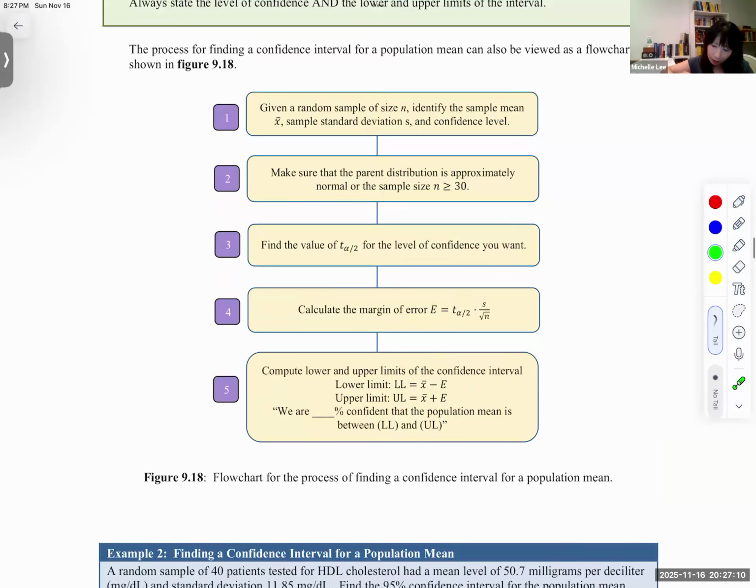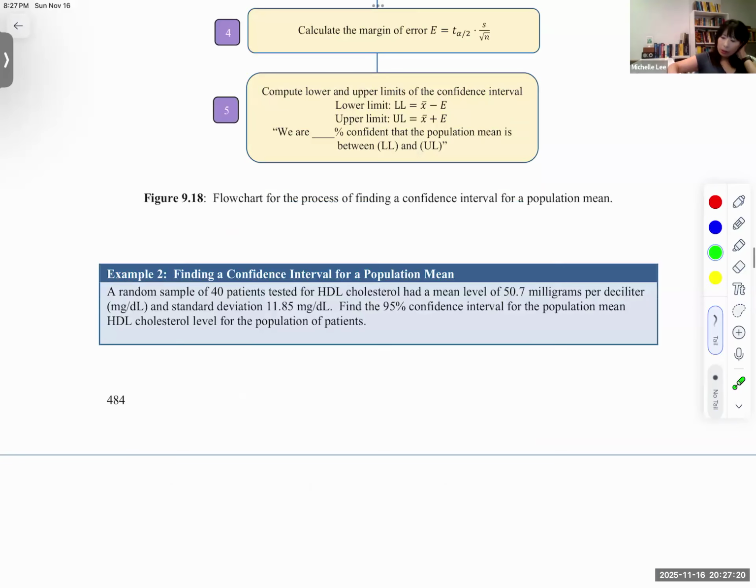Step one, we want to find the sample size, sample mean, sample standard deviation, and confidence level. Let us do that.